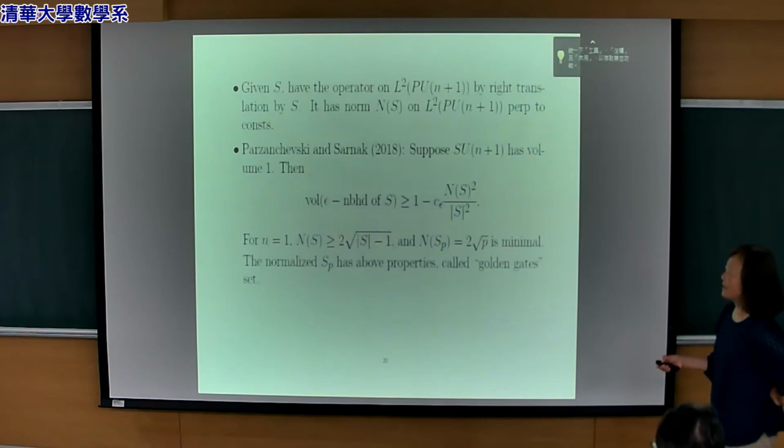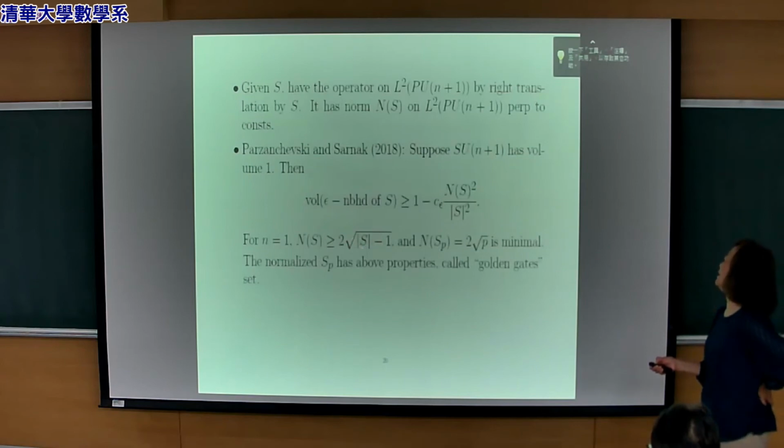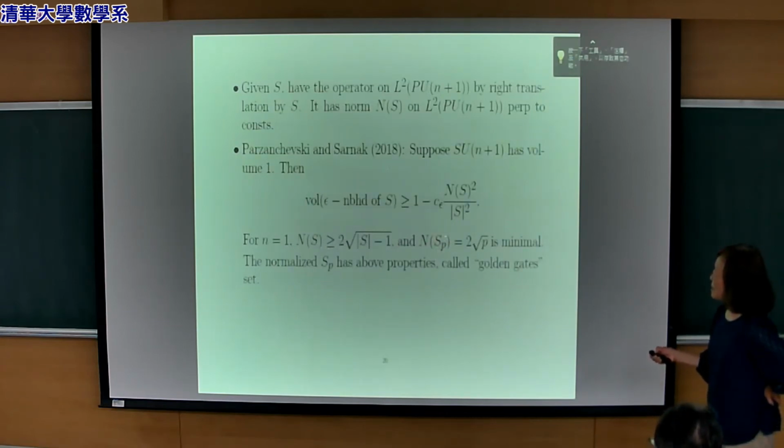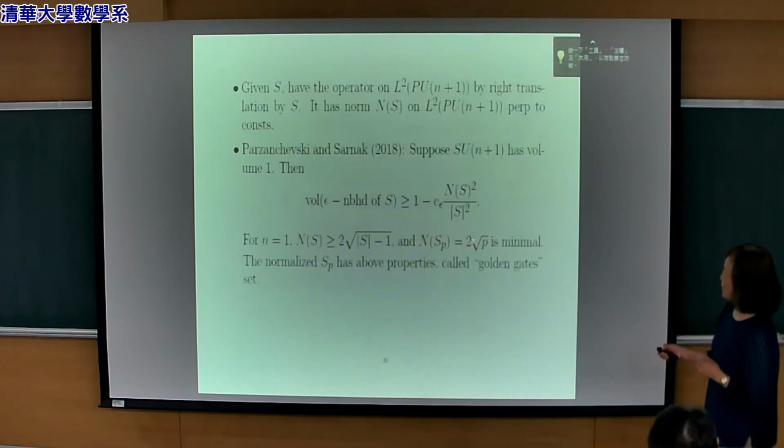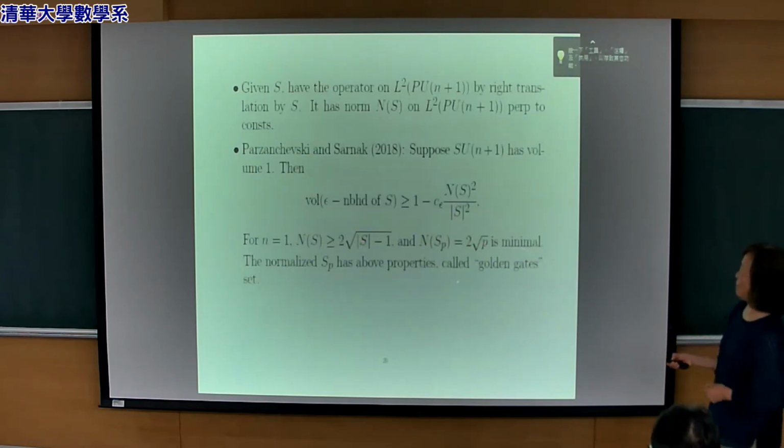It's just like the Alon–Boppana lower bound. And if this set S is this special set S_P that we choose to do the Ramanujan graph, it has a norm which is twice root T, which is the minimum possible. So that's the optimal one.